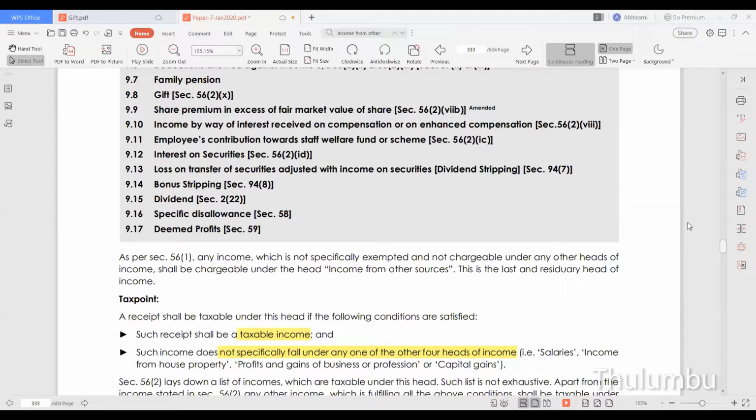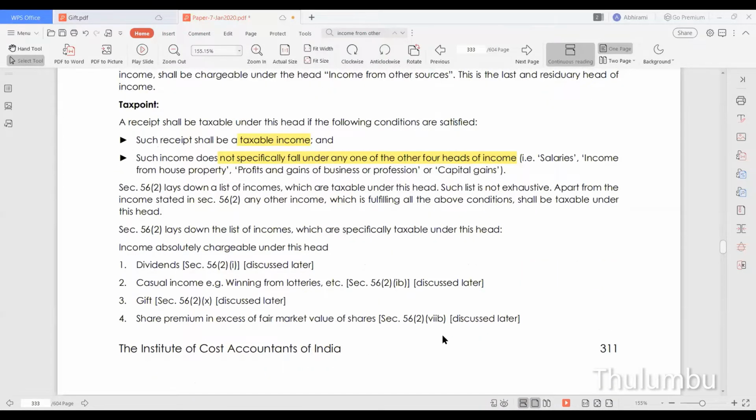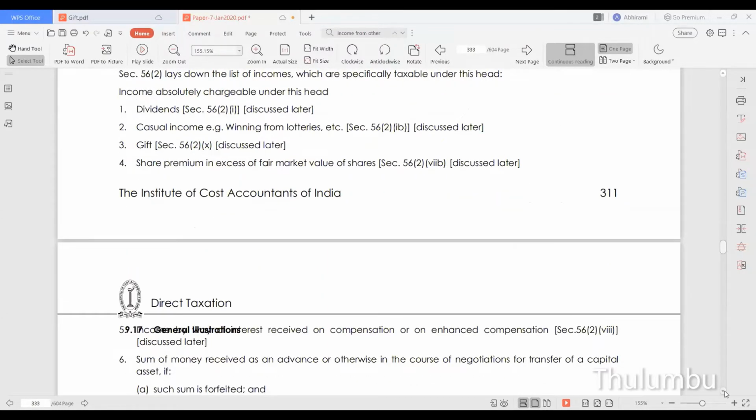So here we have some list of items taxable under income from other sources. So in the dividend, casual income, gift, share premium, we will be seeing all of these in detail.